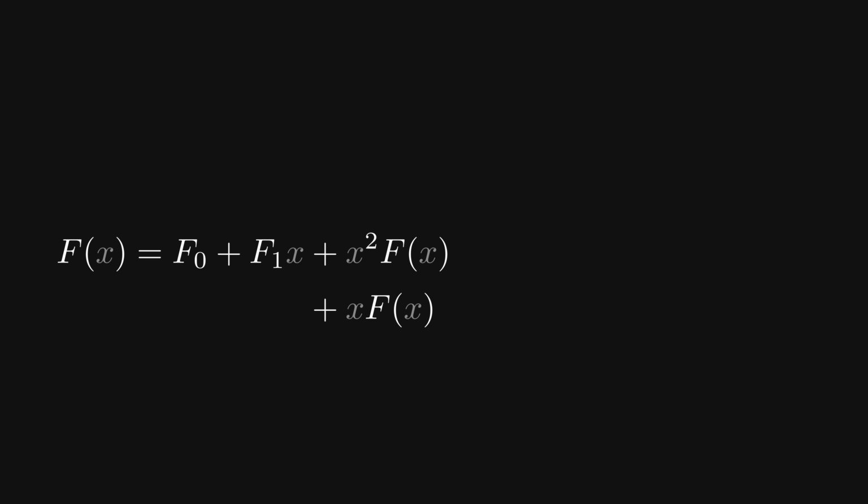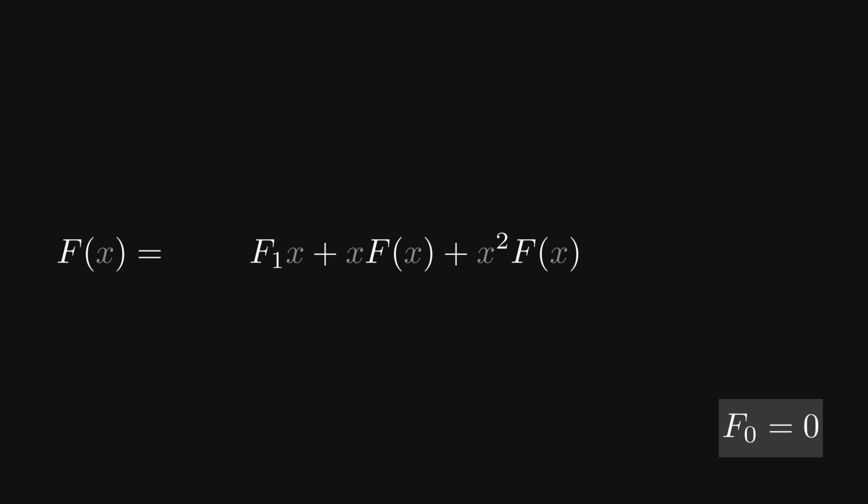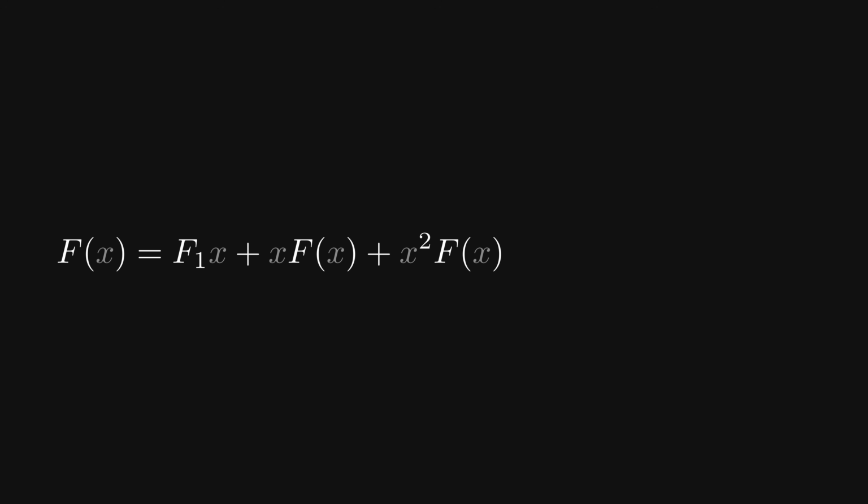Thus, we obtain the functional equation F(x) equals f0 plus f1x plus x times F(x) plus x squared times F(x). We can simplify this even further, as f0 equals 0 and f1 equals 1, we get that F(x) equals x plus x times F(x) plus x squared times F(x).